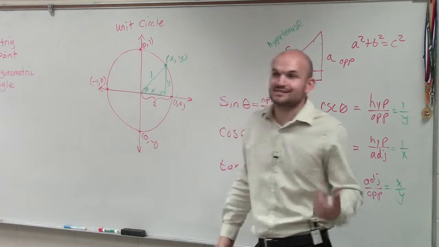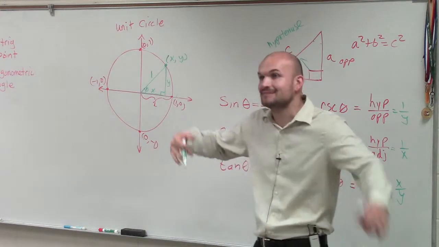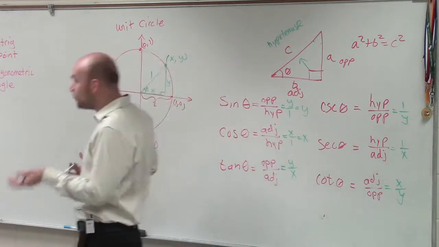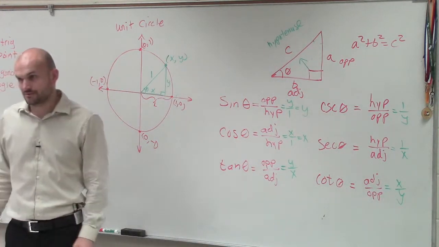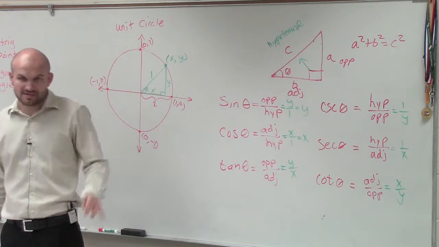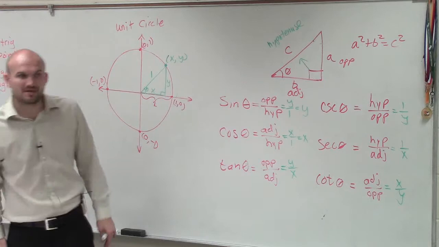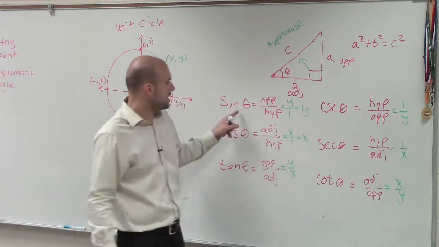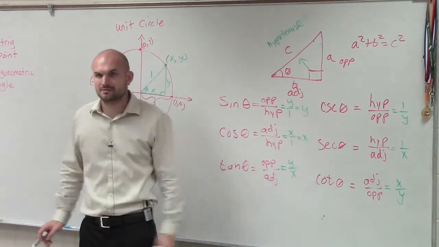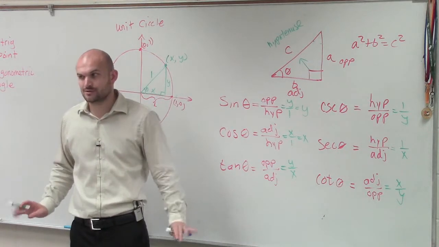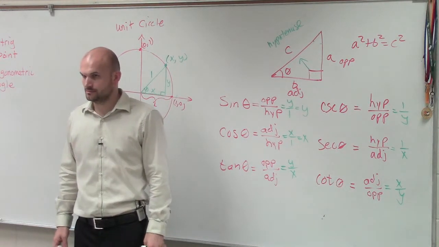So if I say sine and you say, oh, it's the y coordinate, make sure that that point is on the unit circle. All right? Don't just say, oh, it's that coordinate, but not verify it's on the unit circle. It has to be on the unit circle for us to say, oh, sine of theta, that's just the y. That's only when it's on the unit circle. Cool? OK.